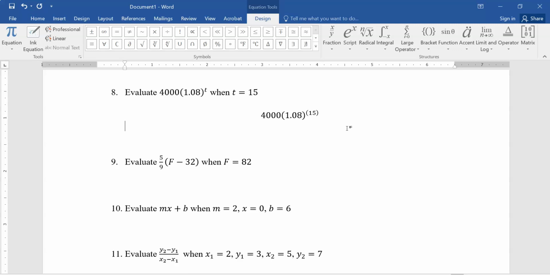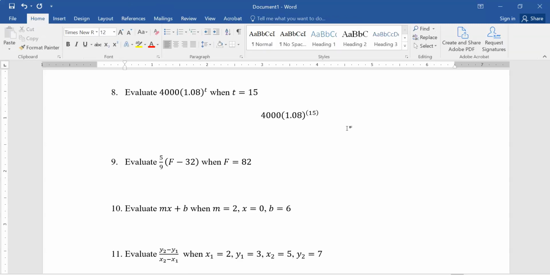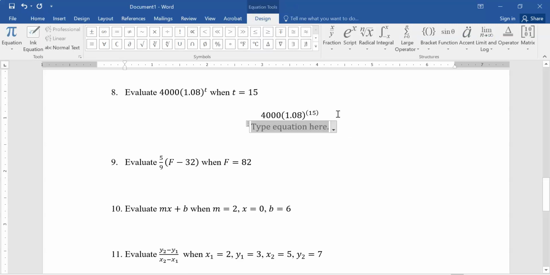Now this answer has a really ugly decimal, so I don't want to actually write down the whole decimal. I'll just round it again, to about 2 decimal places. 12688.68 when I round that to 2 decimal places.